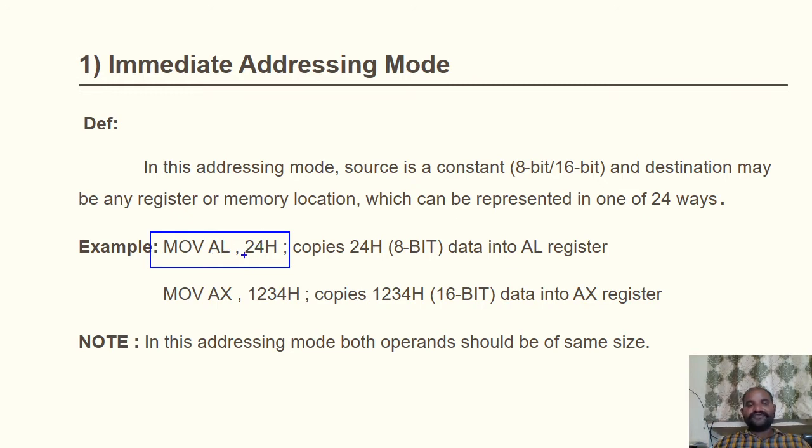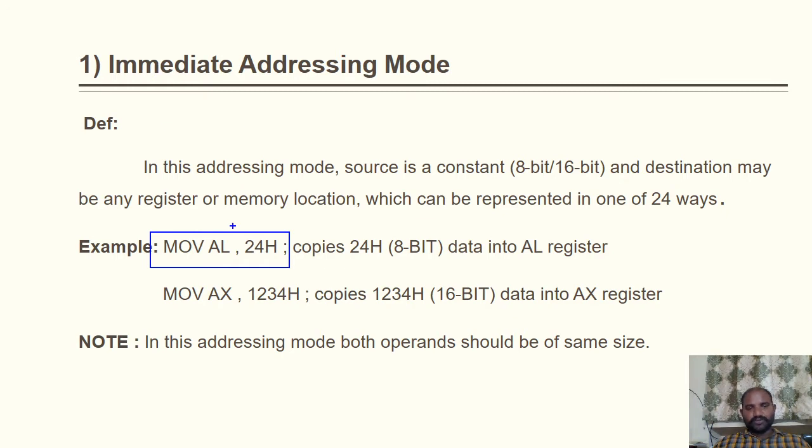24H is an 8-bit constant value, which is copied into AL, which is an 8-bit register. AL is nothing but the accumulator lower byte. Remember, from one addressing mode to another addressing mode, the concept changes.